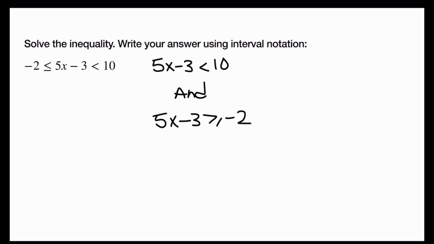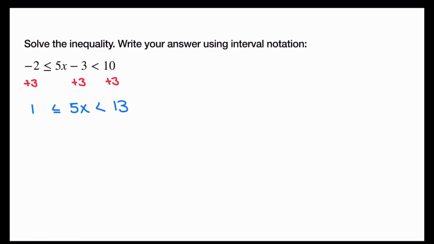Then when I do the solving, I'm still isolating the x, but now I just do the same thing to all three parts. So I want x by itself, so I add 3 to all three parts. That gives me 1 less than or equal to 5x less than 13. And then finally divide all three parts by 5, and there's my final answer. 1/5 less than or equal to x less than 13/5.